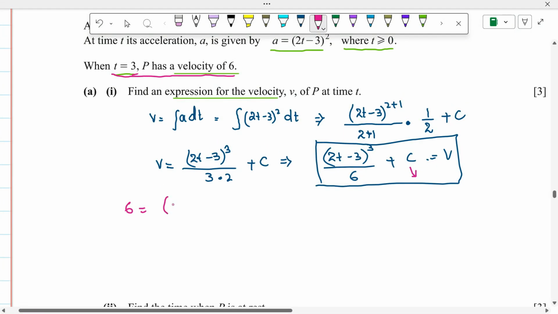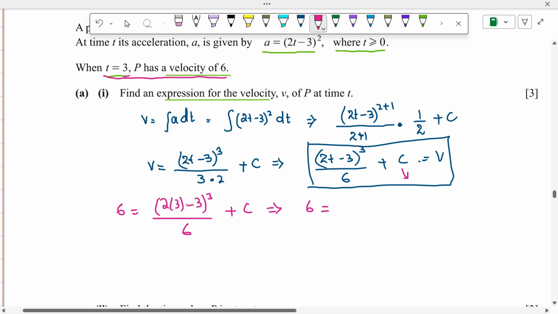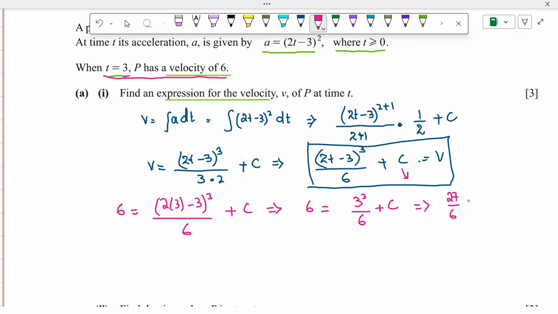So 2 times 3 minus 3, whole cube over 6 plus c. Further solving, we will have 6 is equal to 2 times 3 is 6, 6 minus 3 is 3, so 3 cube over 6 plus c, and this is equal to 27 over 6 plus c.